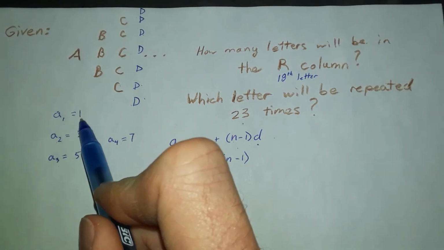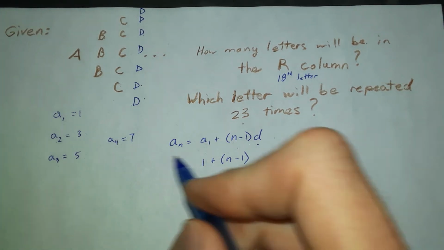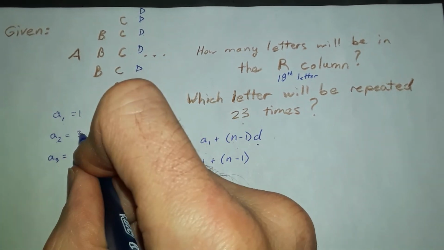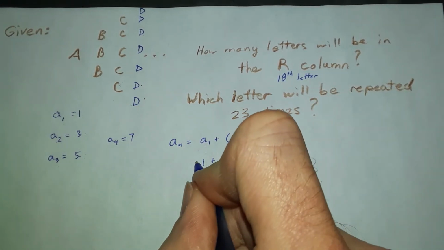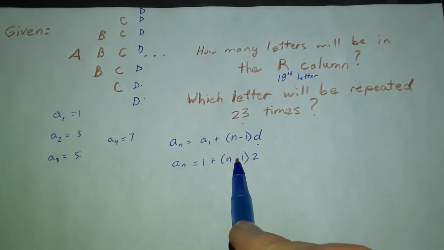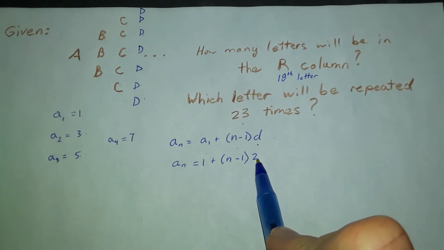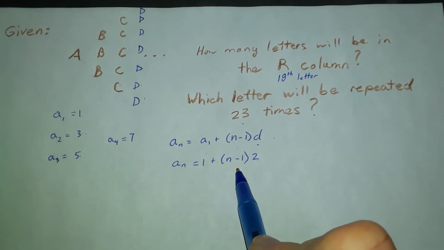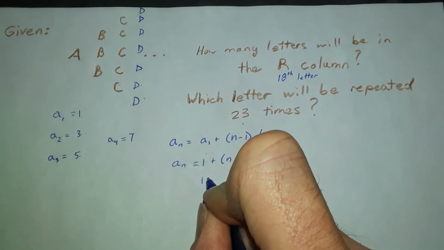So what's the difference between here to here, here to here, and here to here? It's 2. 1 plus 2 is 3, 3 plus 2 is 5, 5 plus 2 is 7. So d is 2, and this is going to be the nth term. So I just need to simplify this. This is basic algebra. This is distribution property from the right. So this comes in here and multiplies by the n and also by this 1.